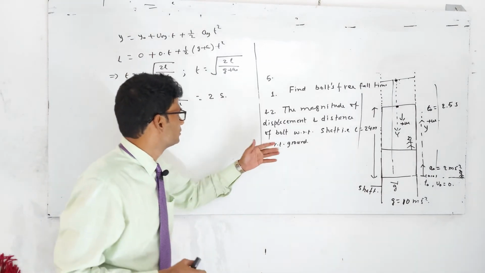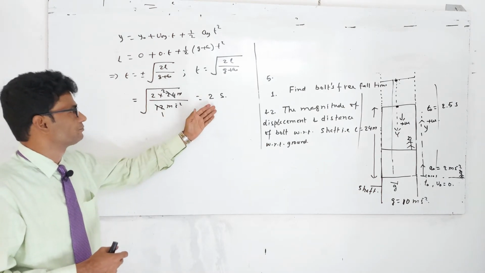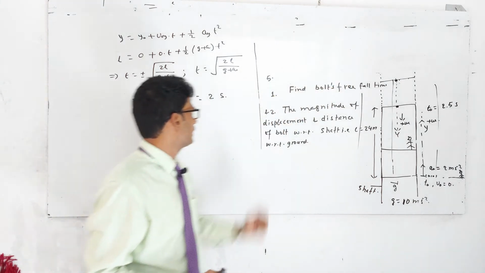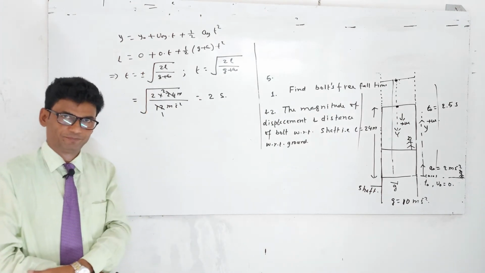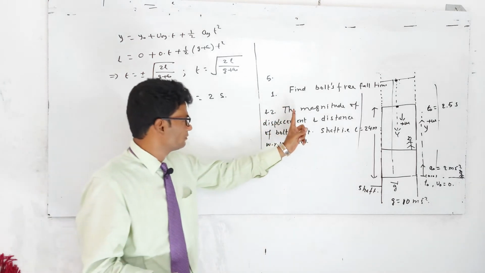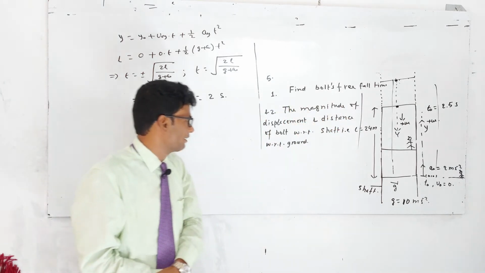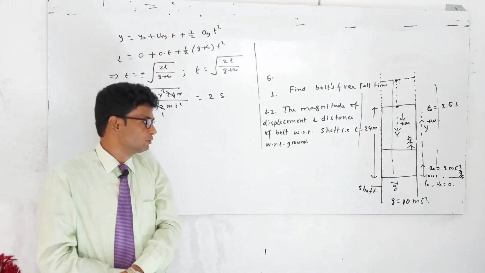We just calculated the bolt's free fall time, 2 seconds. Now we take the second question: the magnitude of displacement and distance of the bolt with respect to the shaft, that is, with respect to the ground frame.